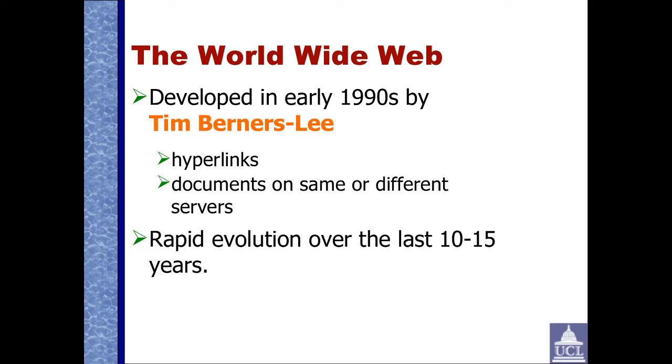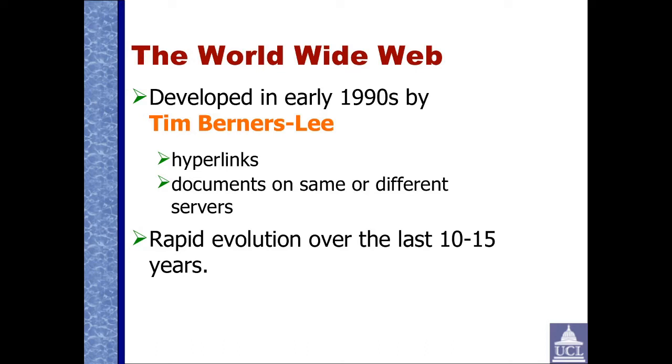And the idea was that we simply had documents which were marked up with hyperlinks, and those hyperlinks could jump you to another document. Now, in fact, there were a number of other things around that did that already.